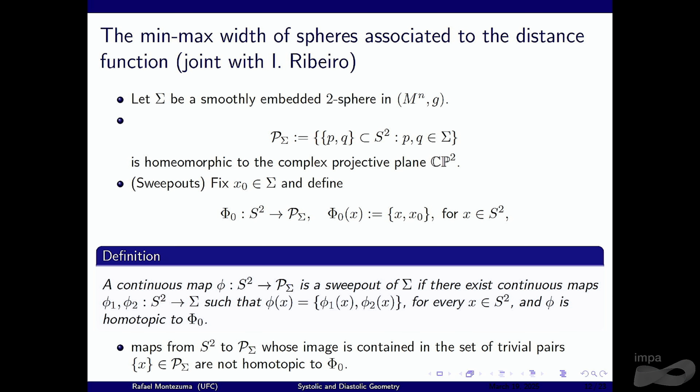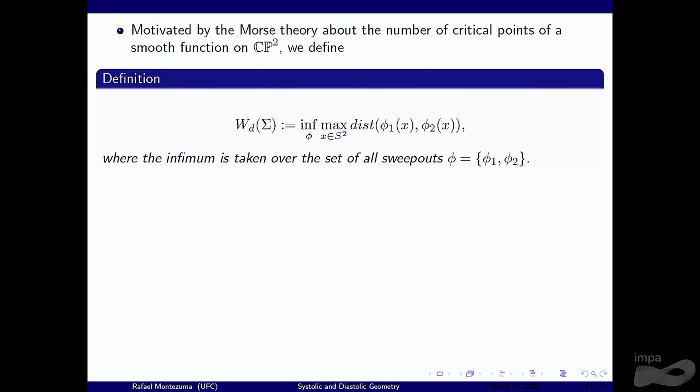So this is showing that if you define your natural min-max width, it's going to be positive. So this number, right? If you take the associated min-max number, it's going to be positive. For each sweep out, you maximize the distance among all pairs of points in the sweep out, and then you take the infimum over all sweep outs.